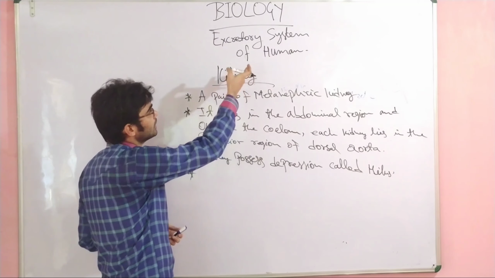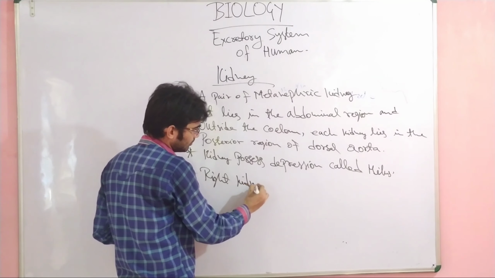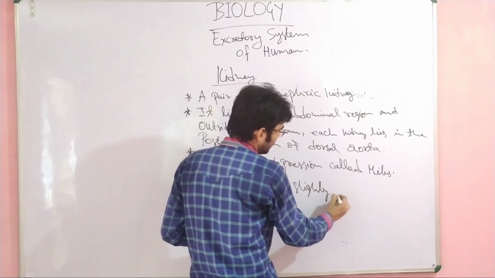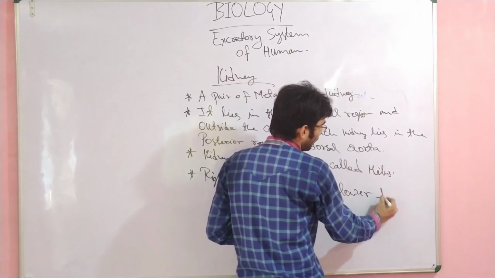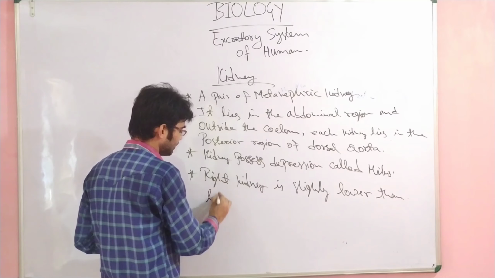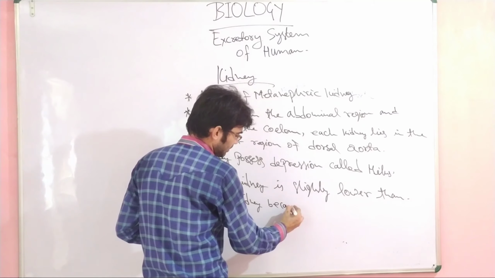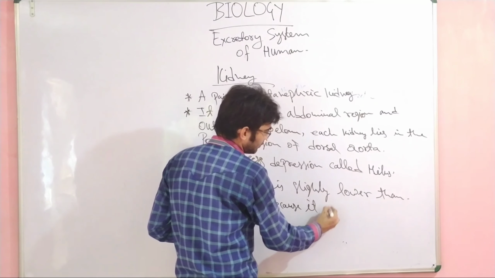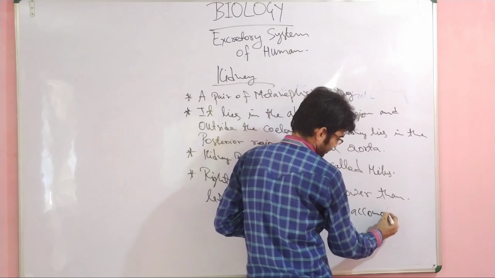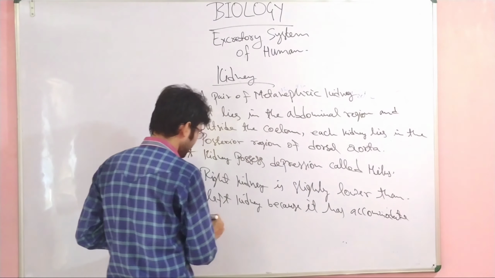In human, because we are studying the human, the right kidney is slightly lower than the left kidney because it has to accommodate the liver.